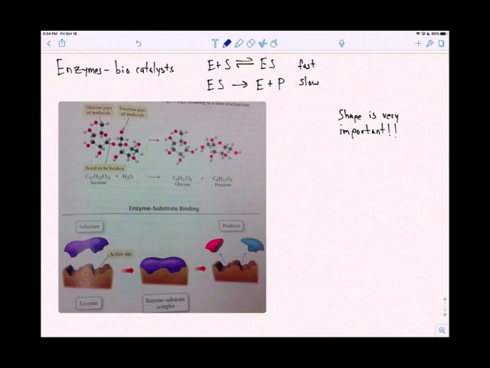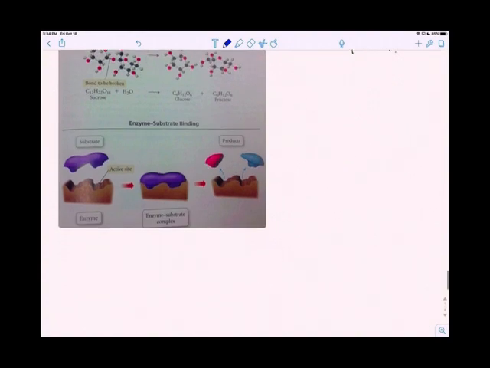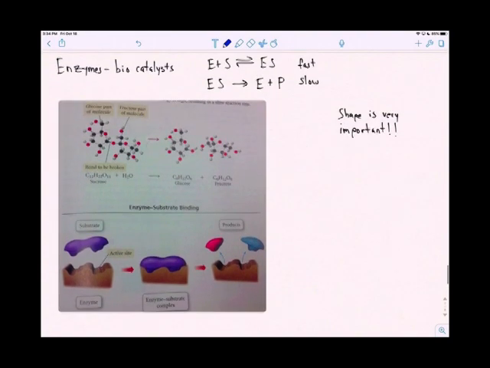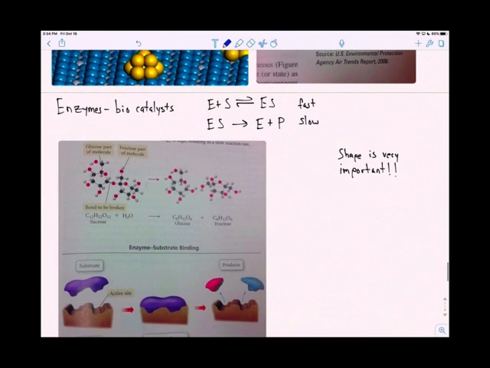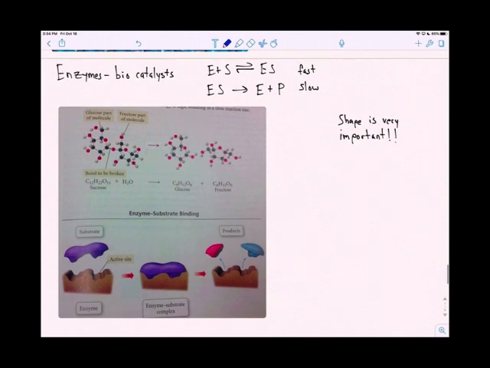Enzymes are proteins, and shape is very important. There's something called denaturation. When proteins denature, they change their shape, and when they change their shape, they don't function anymore. What causes proteins to change shape? Temperature and pH. Those are the two main culprits.